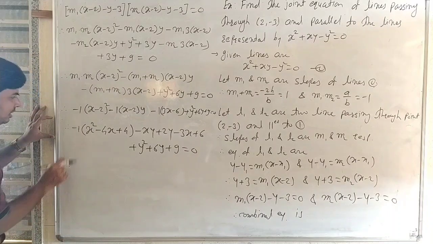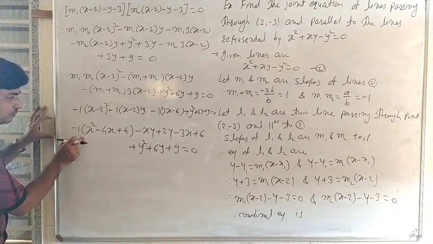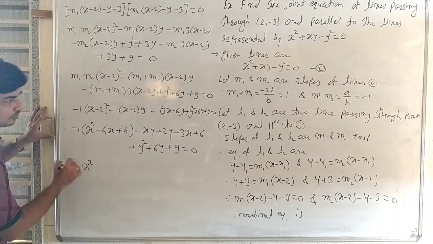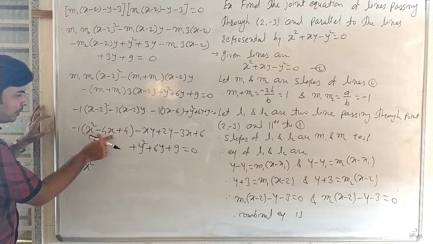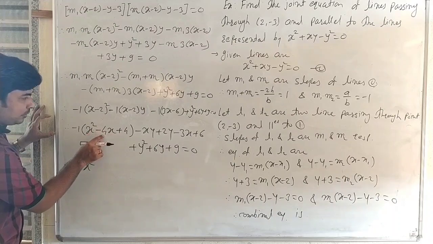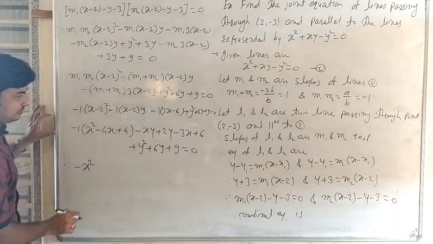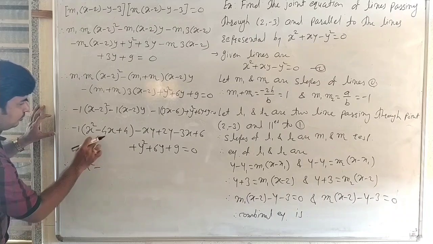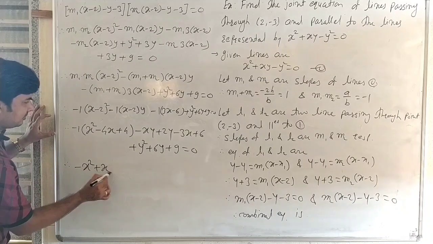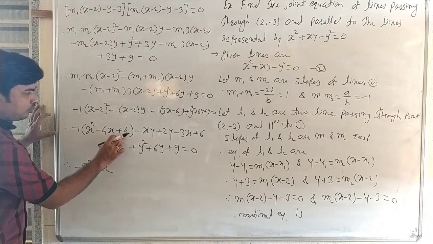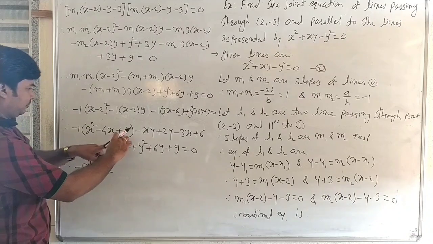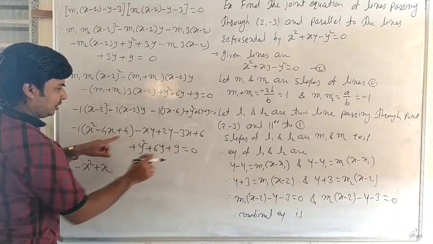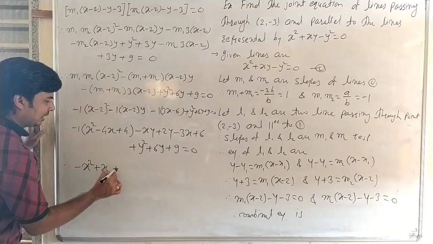Now therefore it is minus x square. Okay, then plus 4x minus 3x, it is plus x. Then minus 4 plus 6 plus 9, it is 11.